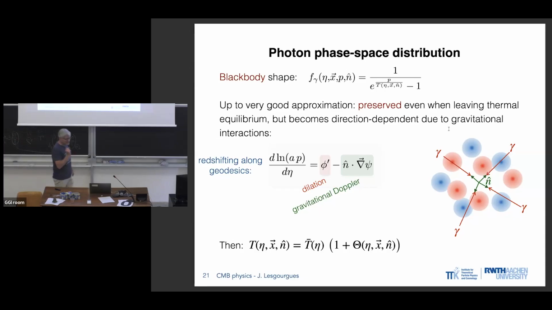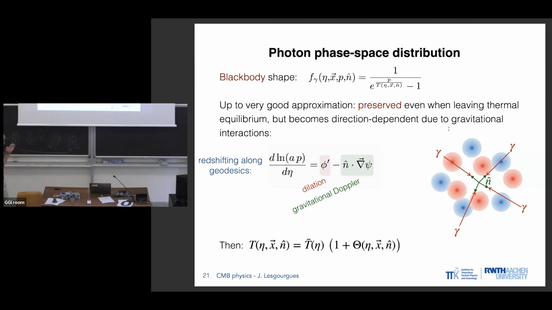So you can have very small departures from this black body shape imprinted on photons during their last interaction. Not too early, because if they were too early, they were in perfect equilibrium. Not too late, because too late, they only feel gravitational interaction, which respects the black body shape.